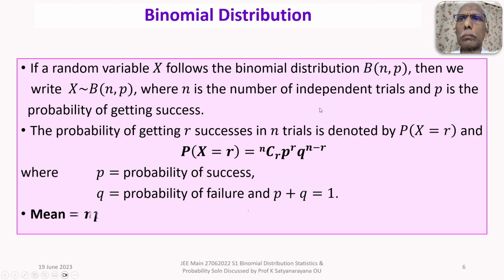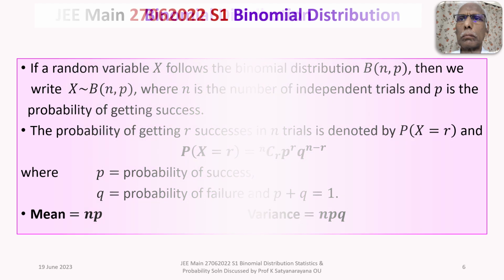Agreed. And we know the mean of the binomial distribution is given by np, and the variance is given by npq. Yes, we are ready. Let's get into the problem.